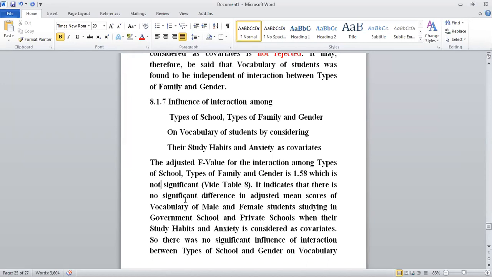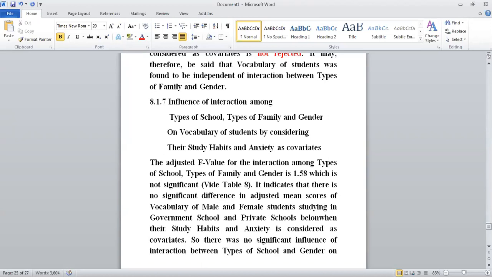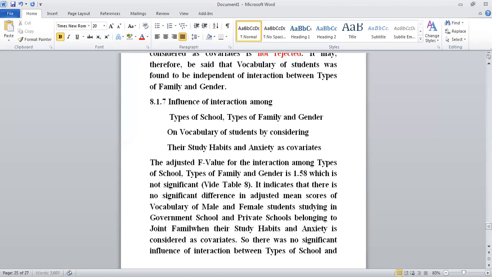It indicates that there is no significant difference in adjusted mean scores of vocabulary of male and female students studying in government schools and private schools belonging to joint families and nuclear families when their study habits and anxiety is considered as covariates.